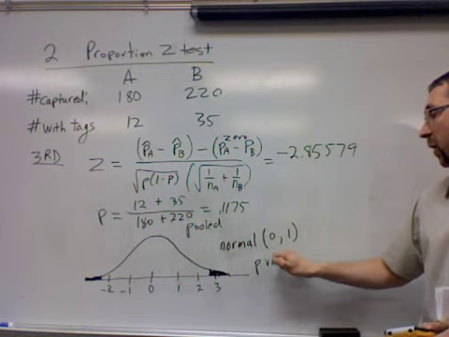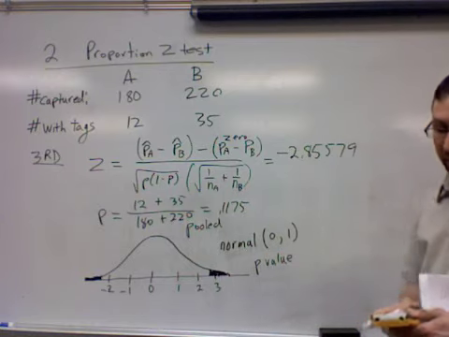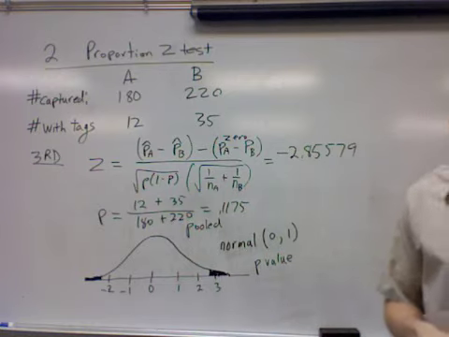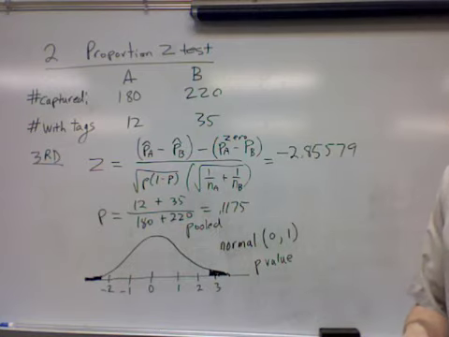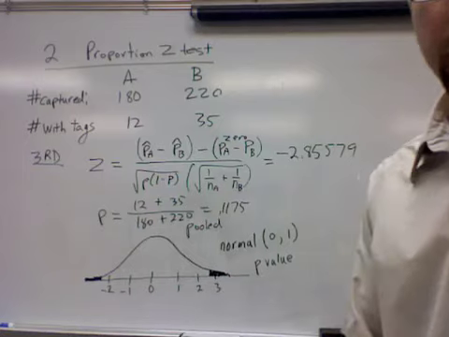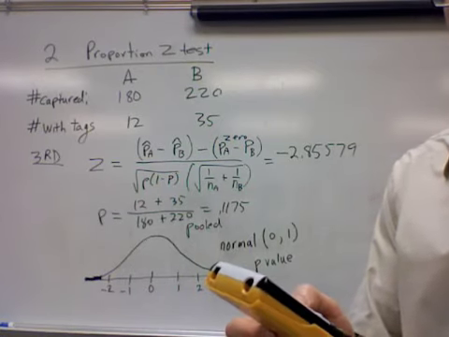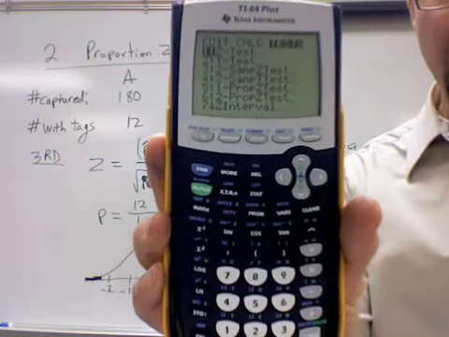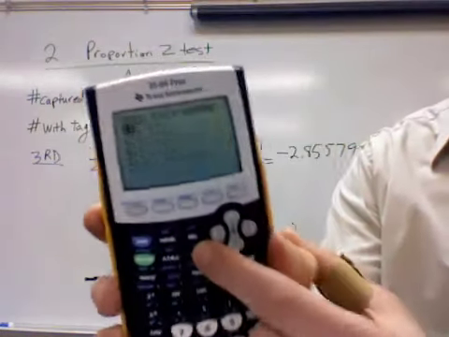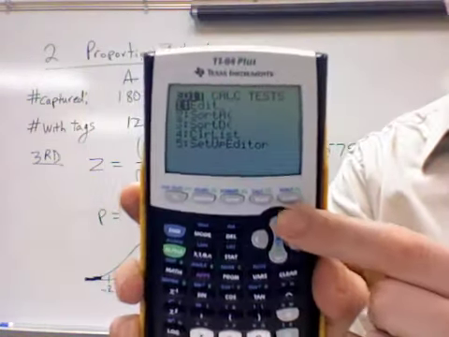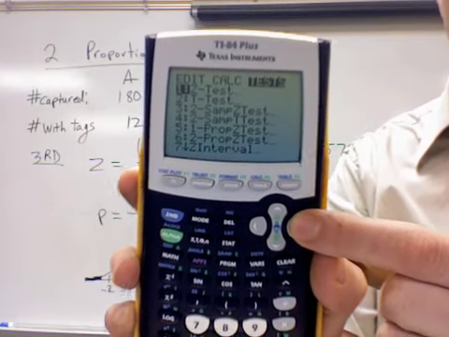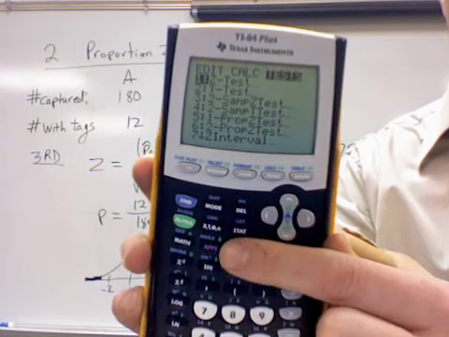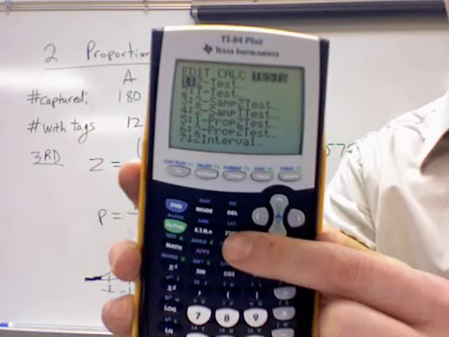You could generate that using normal CDF commands on your graphing calculator, or you could get away with using the calculator's statistical menus. As you can see here, I've accessed it by pressing Stat and sliding over to Tests. I've accessed the menu on how to calculate the values.